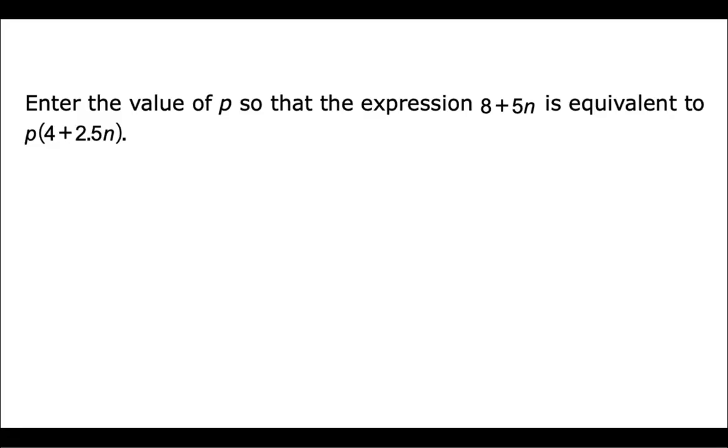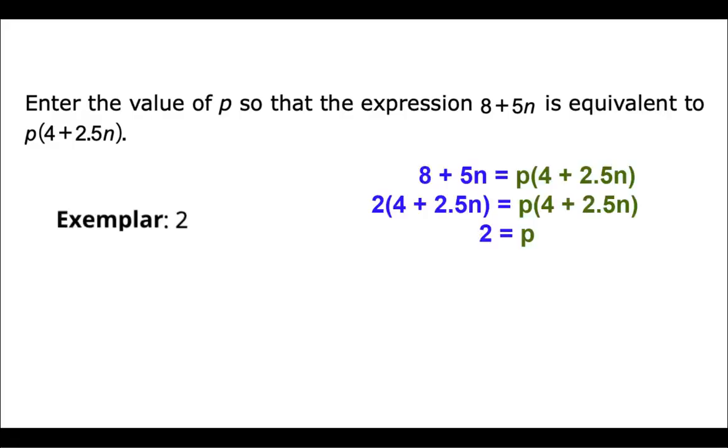Okay, now that you worked on this problem, let's see if you got the correct answer. So the value of p is 2. What we just did here is the distributive property. The common number that we can take out is 2.